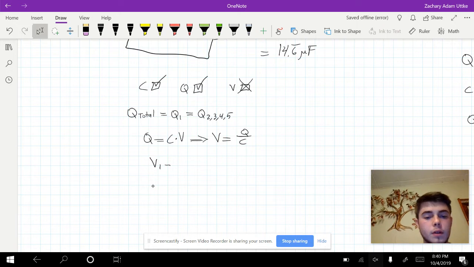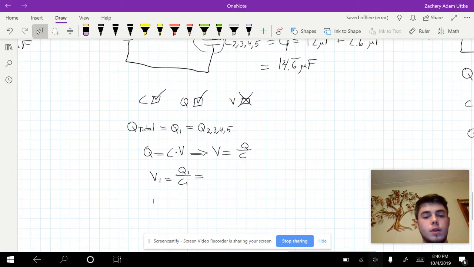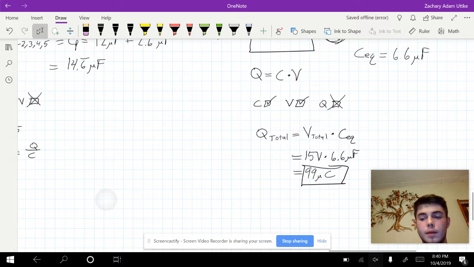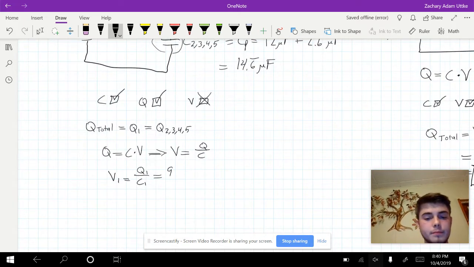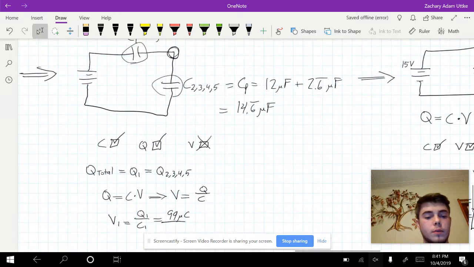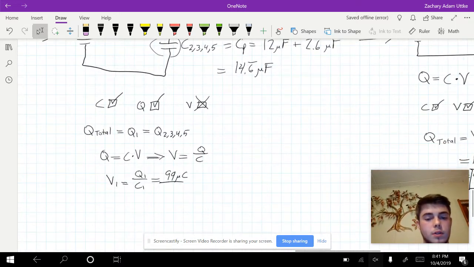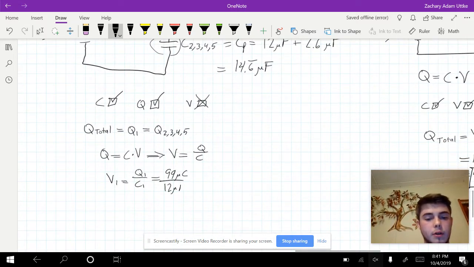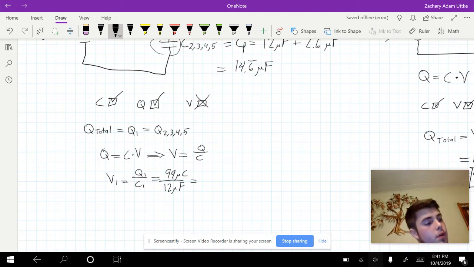So V1 equals Q1 over C1. So Q1 is equal to Q total, which we found to be 99 microcoulombs, over C1, the capacitance, which is 12 microfarads. So 99 divided by 12 equals 8.25 volts.